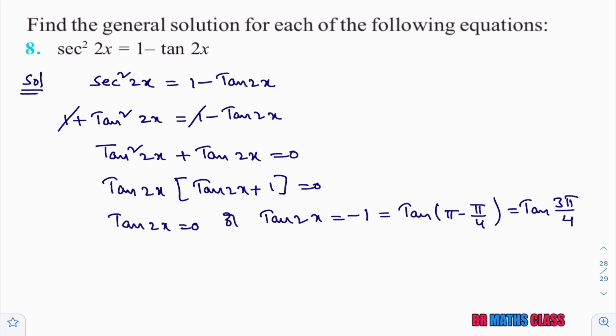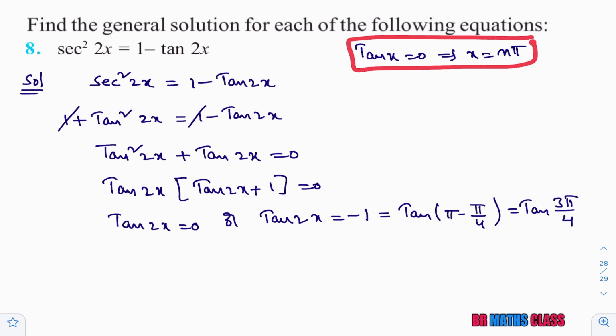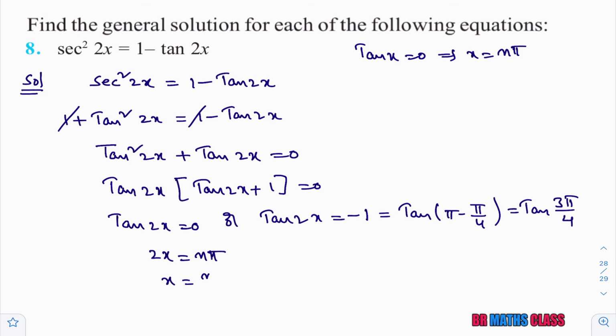So now the general solution for tan x equal to 0. You learned that the general solution for tan x equal to 0 is n pi. Whenever tan x equal to 0, then I can write x equal to n pi. This is the first result we learned in this chapter, right? So here in place of x, 2x is there. So I'll write 2x equal to n pi. From this, x equal to n pi by 2.